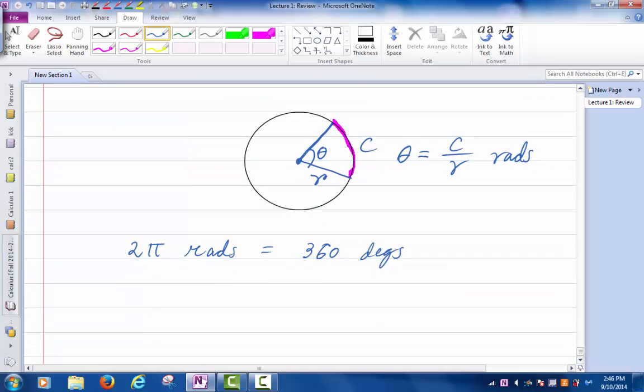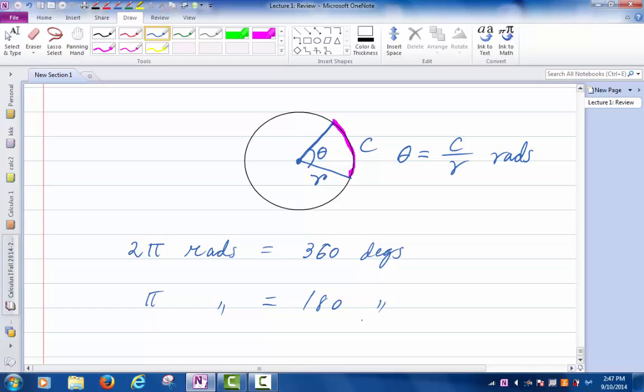So if I give you the degree measure of an angle, how would you convert that to radian measure? You multiply by pi over 180. If I give you the radian measure and ask you to find the degree measure, then you would be multiplying by 180 over pi, right? Can you remember that?